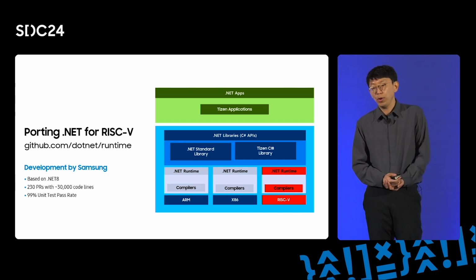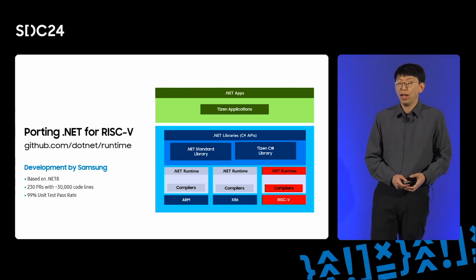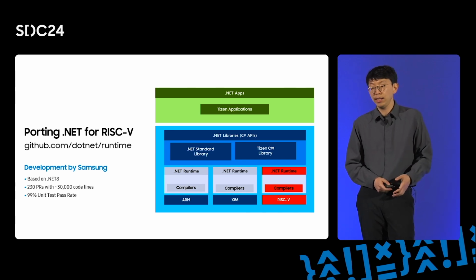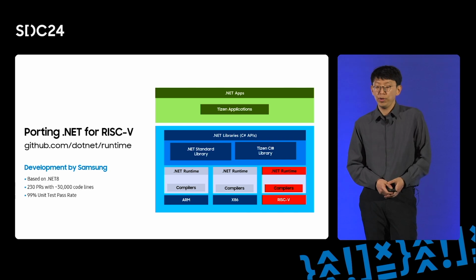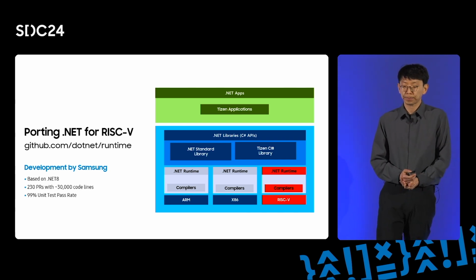At the time when Tizen decided to support RISC-V, there were no plans to support RISC-V in .NET. Therefore, we took the initiative to release the porting of the .NET runtime to RISC-V. Based on .NET 8, we started contributing code to add RISC-V support.